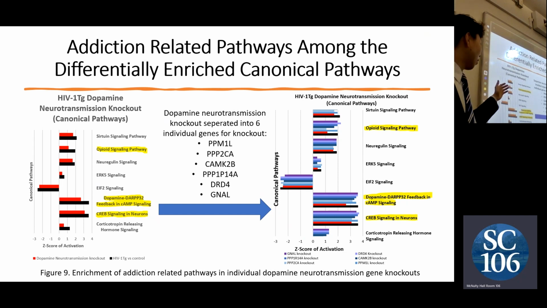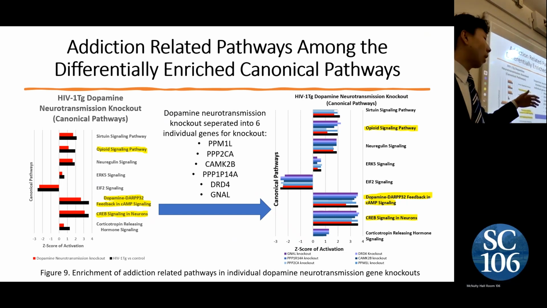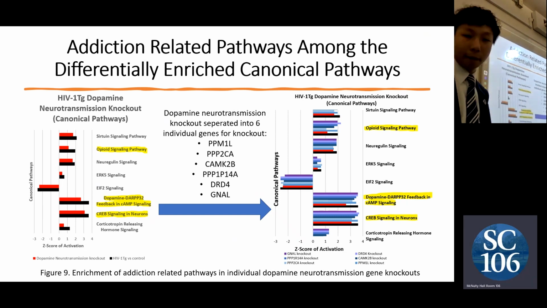I'll be focusing on opioid signaling, dopamine DARPP-32 feedback in cAMP signaling, and CREB signaling today. When I found these signaling pathways, I did individual knockouts of each specific gene, and that gave me this figure on the right.